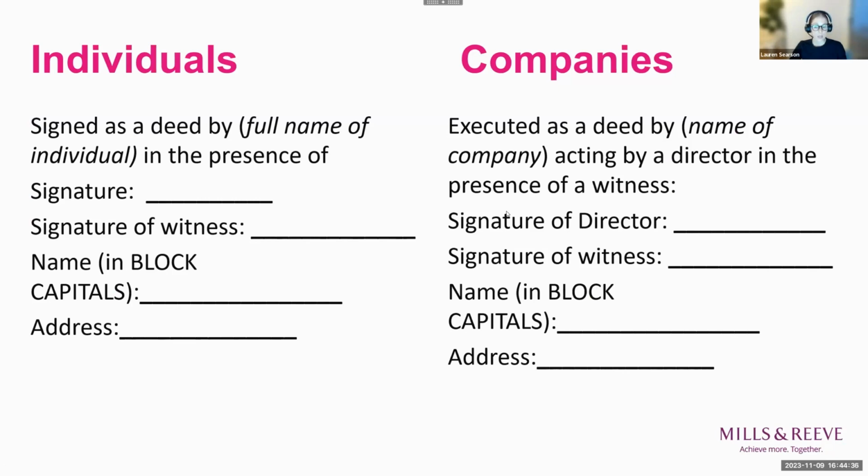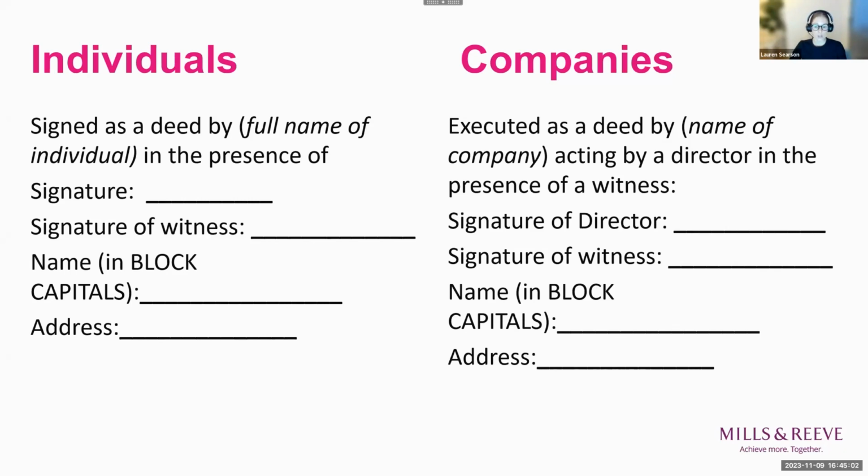In order for a deed to be effective, it has to be in writing, and be clear on the face of the document that it's intended to be a deed. The face value requirement is what we call it. You probably would have seen this on a deed. The wording at the start of the deed usually says, this deed is made on the. And at the end, there is wording that says, executed as a deed by.